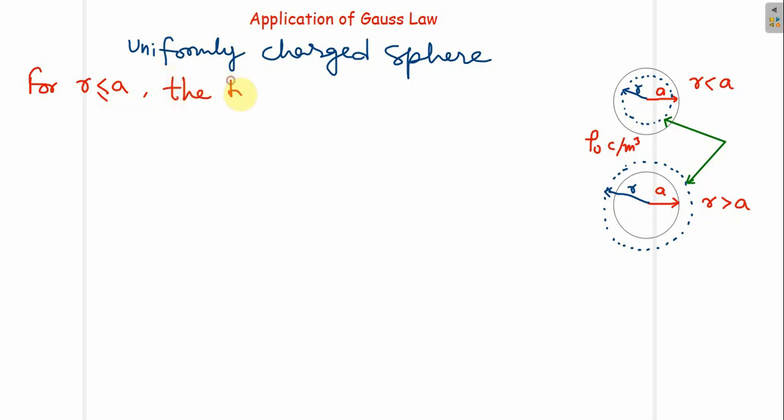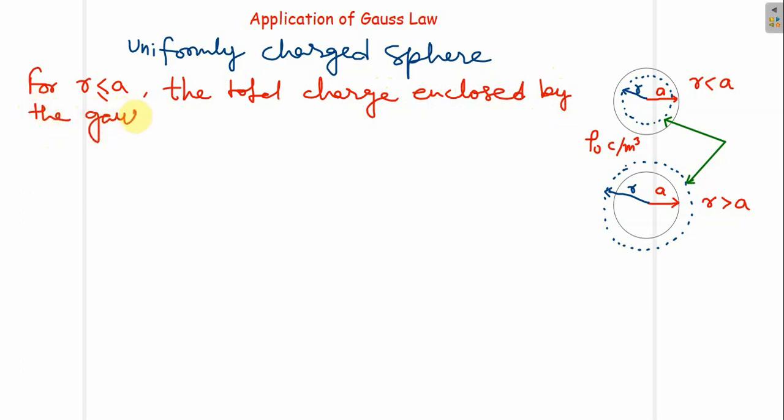the total charge enclosed by the Gaussian surface of radius r.